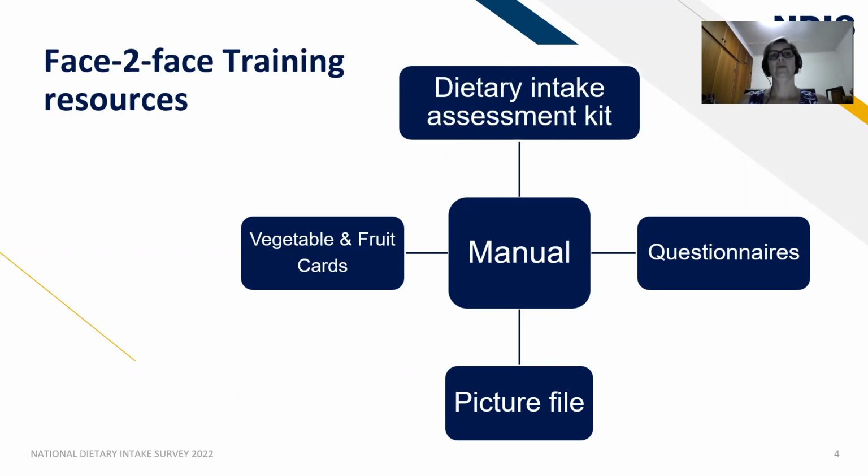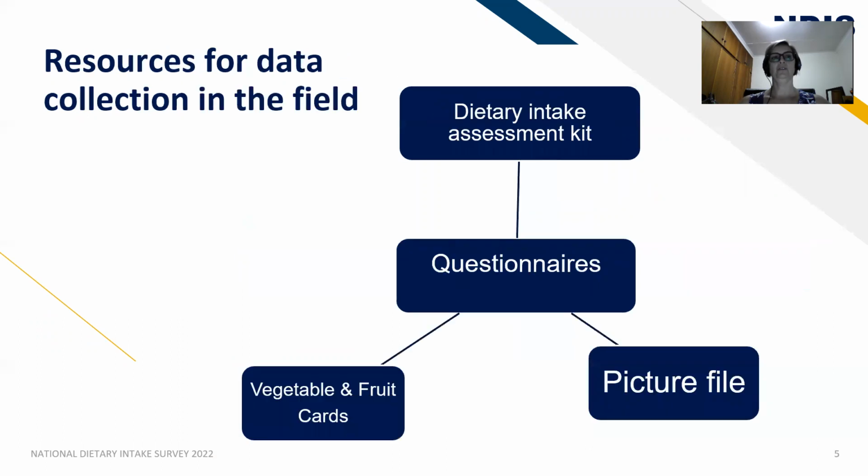Then you have 2 days of face-to-face training with the anthro training, obviously. You've got the manual again that will assist you throughout the face-to-face training. The questionnaires you will be completing. You've got the picture file that will assist you with your dietary intake assessment kit to identify and quantify food items, and then also again the vegetable and fruit card that you will use.